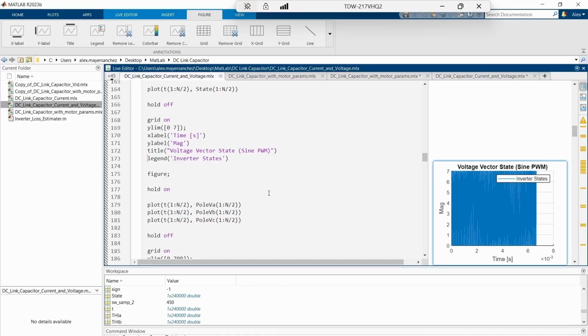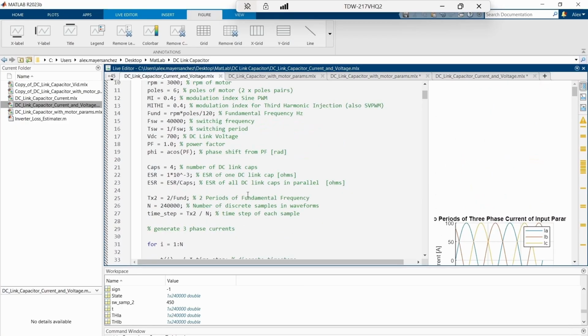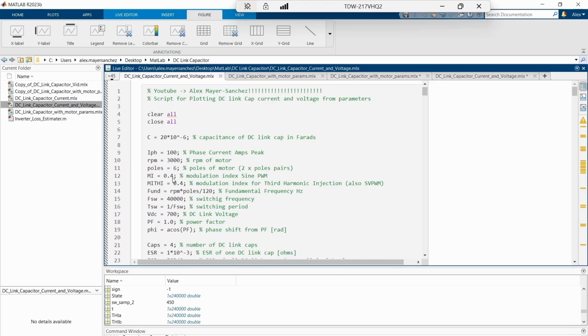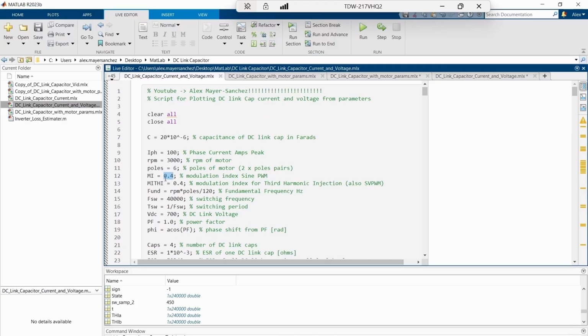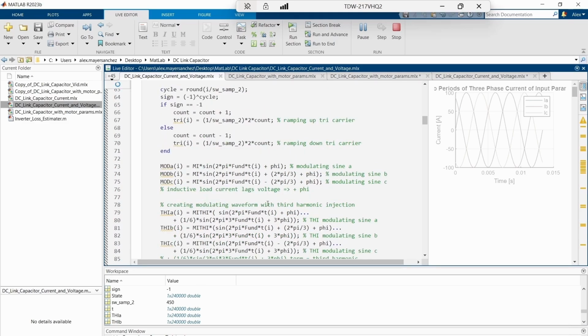And let me actually simulate it with a modulation index of 1. So if we change the modulation index to 1, I'll show you the comparison between the triangular wave and the modulating waveform, and they're going to be at the same peak magnitude.